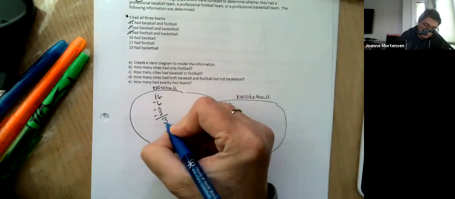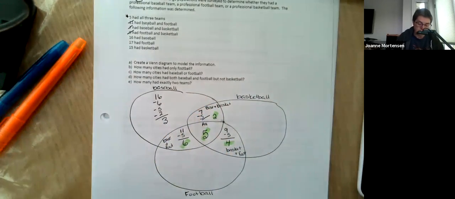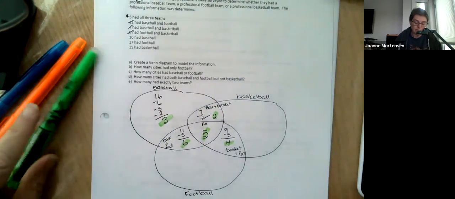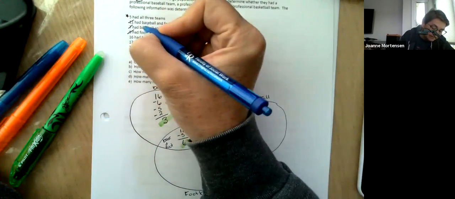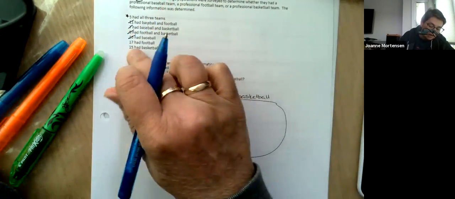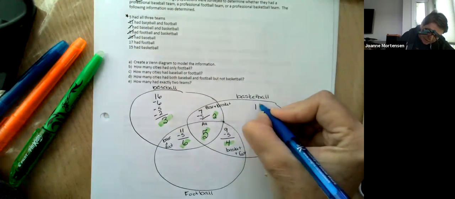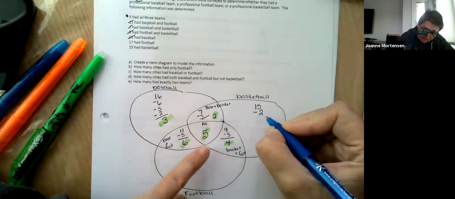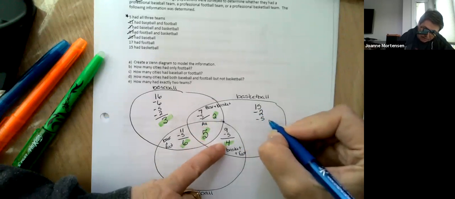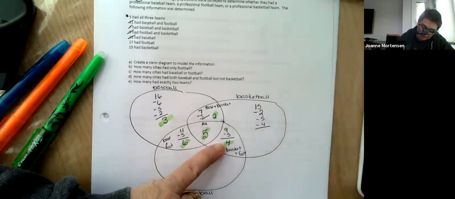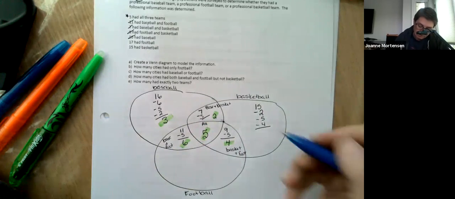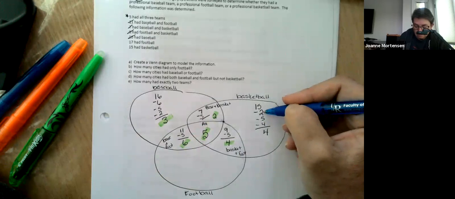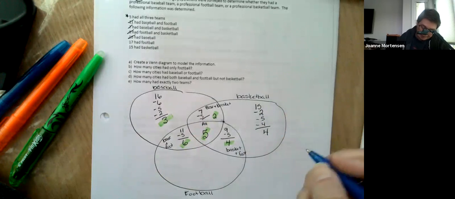All right, so there's only 3 cities that had just baseball. Now for basketball, 10 minus the 2 we counted here, minus the 5 we counted there, minus the 4 we counted there. Let's see, 4. That's 10, 6, 4. Okay.